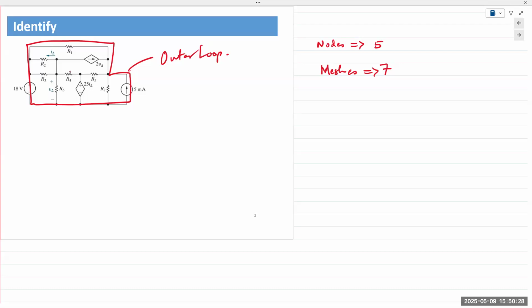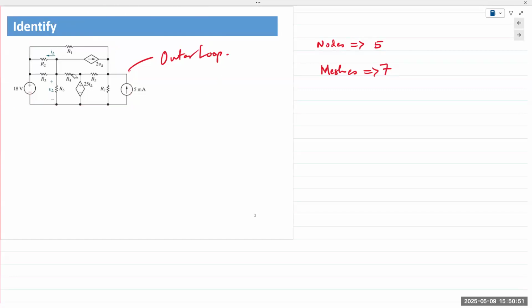That's the meaning of that statement: a mesh is a simple loop that does not contain any other loop inside it. If you look at this outer loop, you have 7 different loops inside it. So this big loop is not a mesh. Does that make sense to everyone?